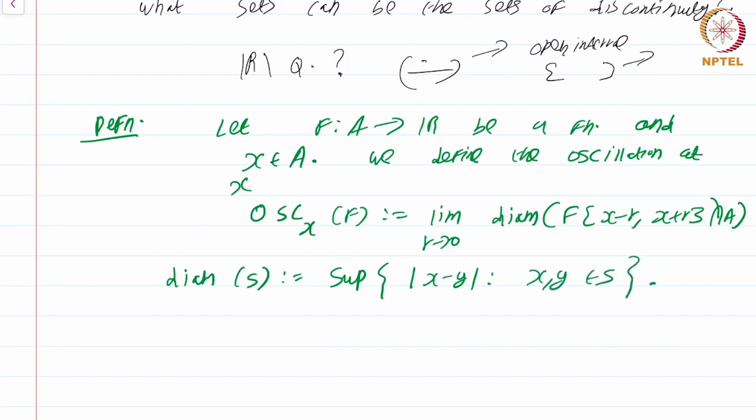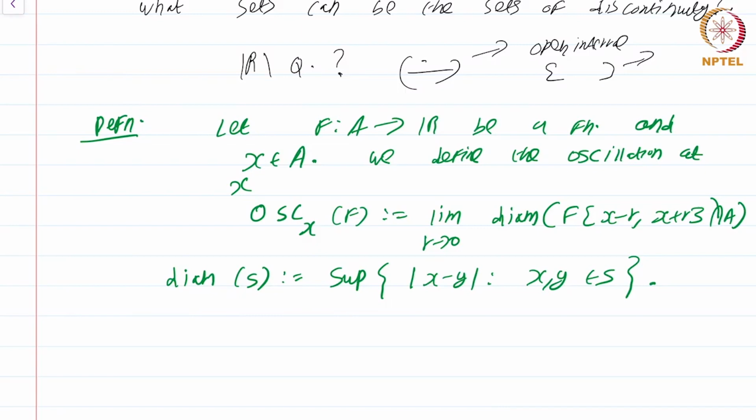If you think about this, it will turn out that the diameter of a circle in R2, though we have just defined it for R, and you can think of similar definitions for R2, will just turn out to be the usual length of the diameter. If you take any set S, you look at various points x, y coming from S, look at the distances, look at the maximum possible distance, that is called the diameter.